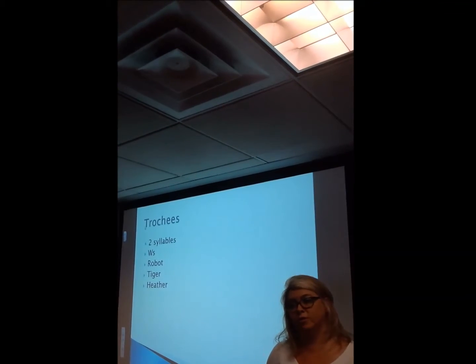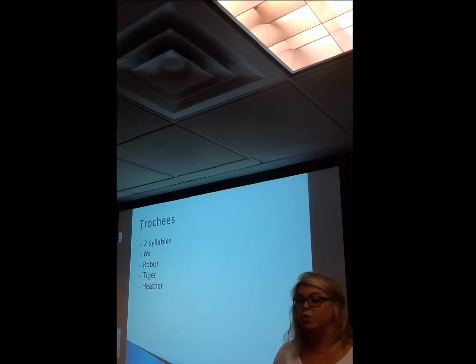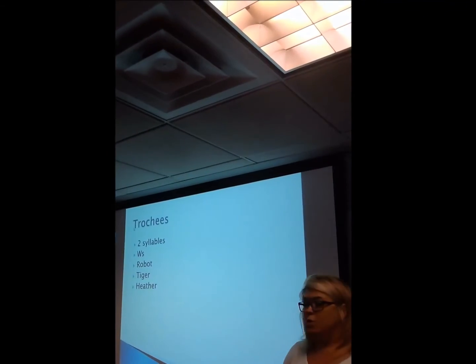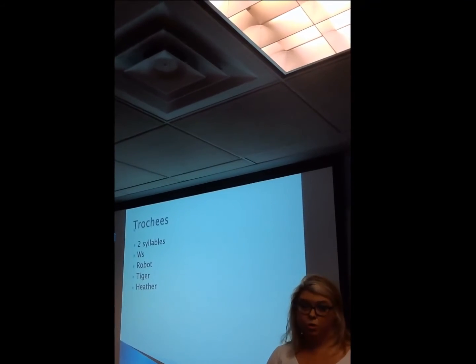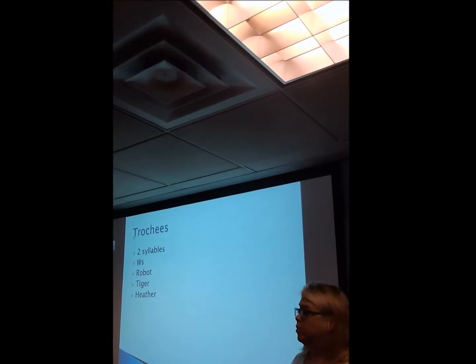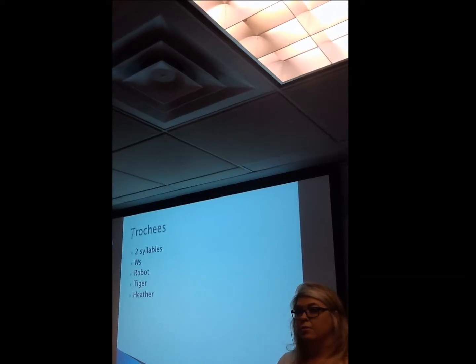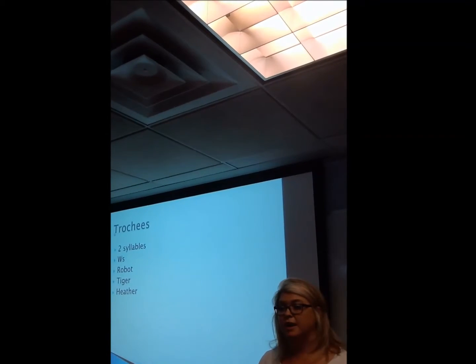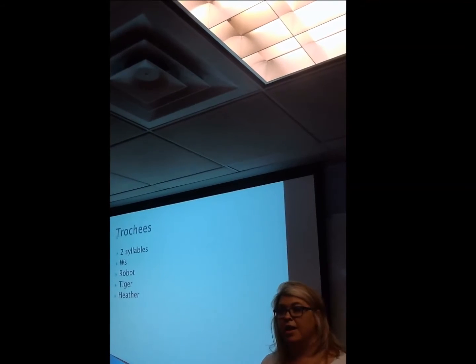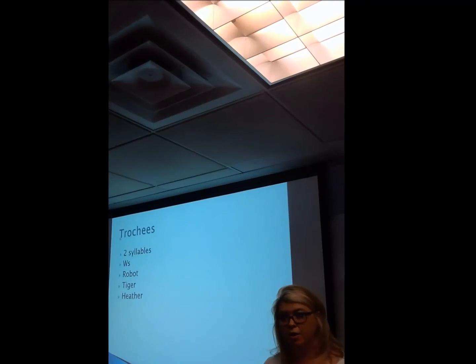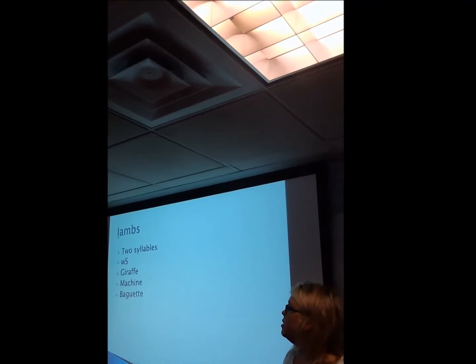It's a stress rhythm of strong to weak. So we would expect that two-syllable words in English mostly have strong, then weak syllables. So we have robot. Another example that I added was tiger. And then Heather. All are trochees. They have a trochaic stress rhythm pattern.